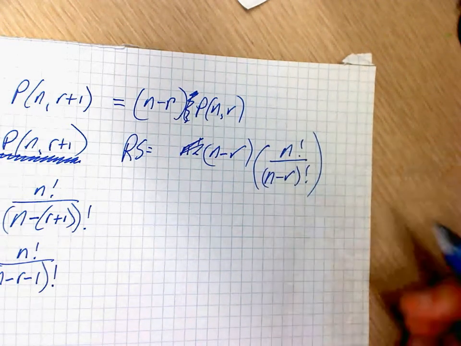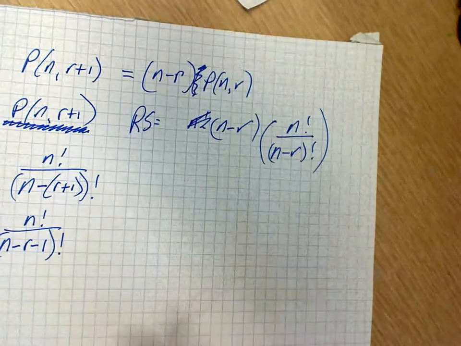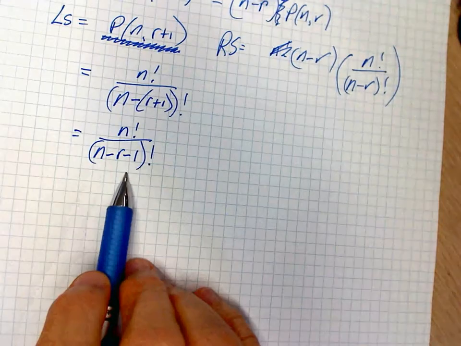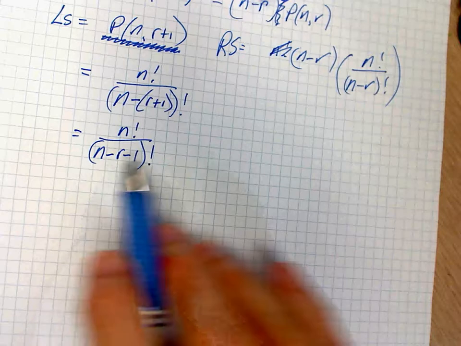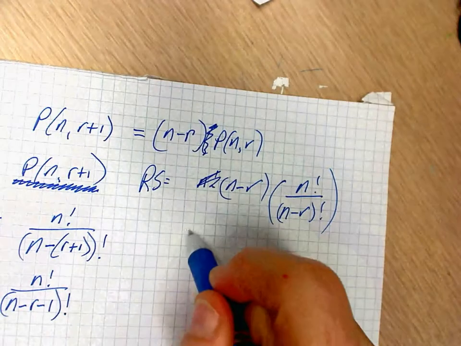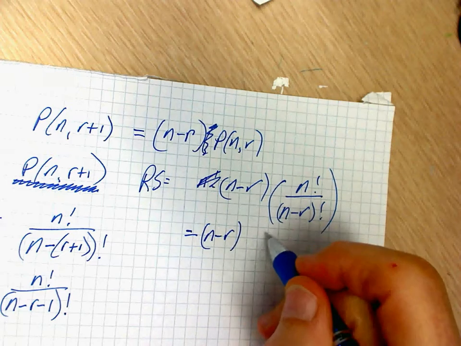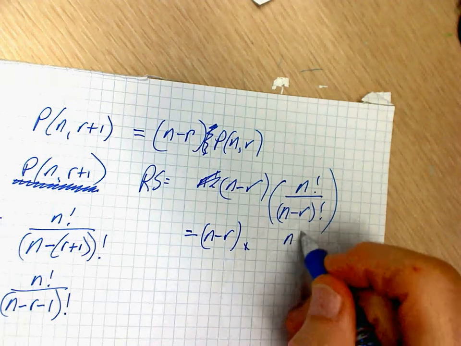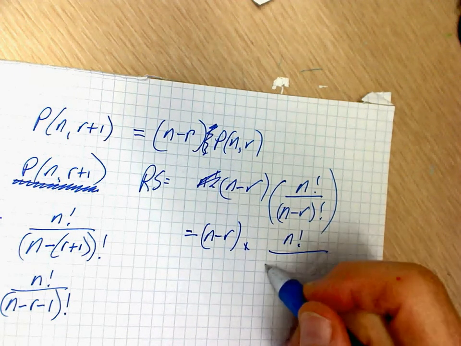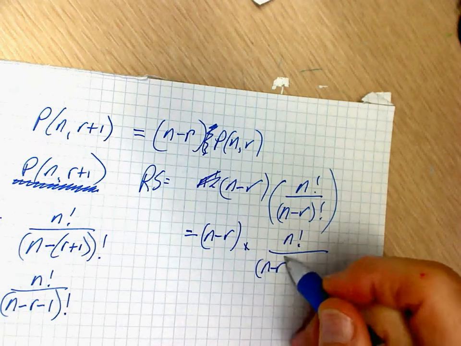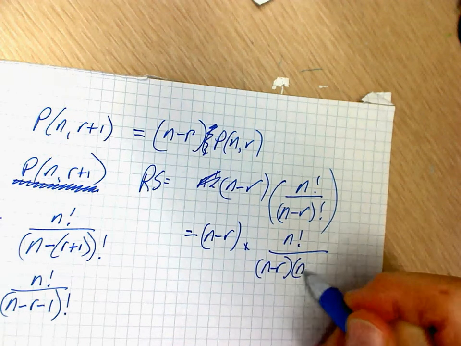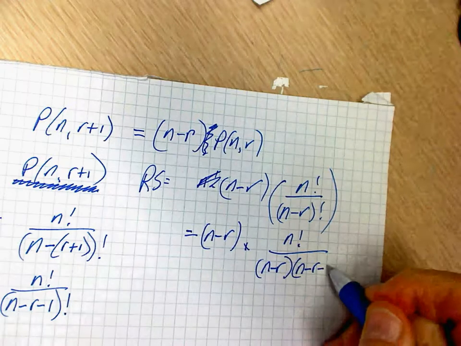Okay, so there's nothing we can do here. We're stuck here. So let's see what we can do on the right side. So you have n minus r times n factorial over n minus r. I'm just going to break it down, I'm going to go down 1 factorial.